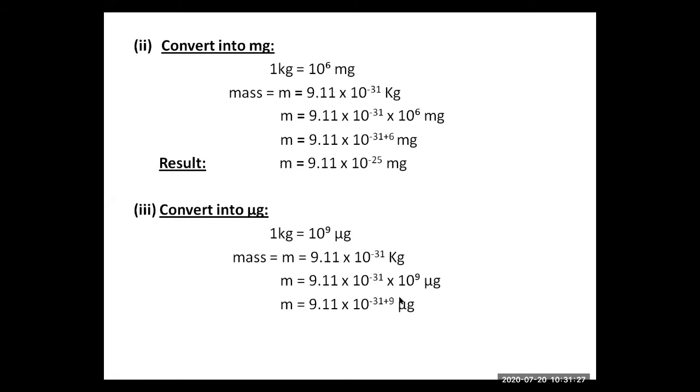Then we will simplify it. Plus and minus make minus, so we will subtract 9 from 31. Then we got 22 and we will put the minus sign because the greater number has the negative sign. So that's why it will become m is equal to 9.11 multiplied by 10 raised to the power minus 22 microgram. So this is the required result.